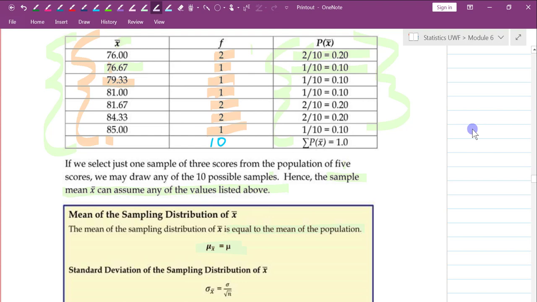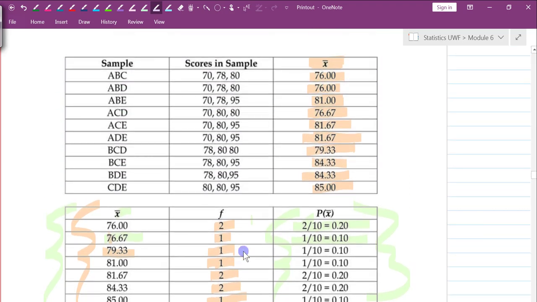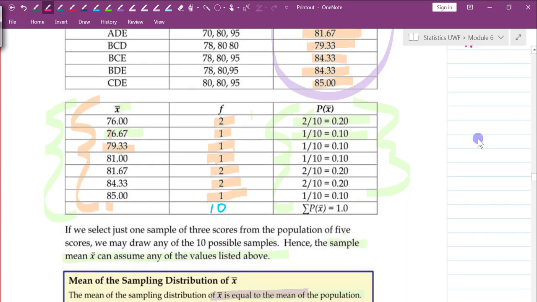Alrighty, so if I calculated the actual X bar, in other words, if I took all of these values, added them up together, divided by 10, that would be mu. Mu also happens to equal the average distribution about X bar, meaning I can calculate it off of these values and I will get one and the same answer.